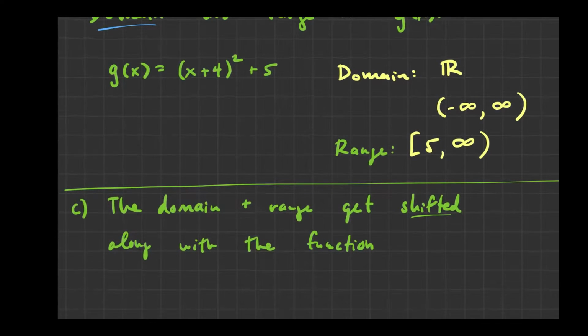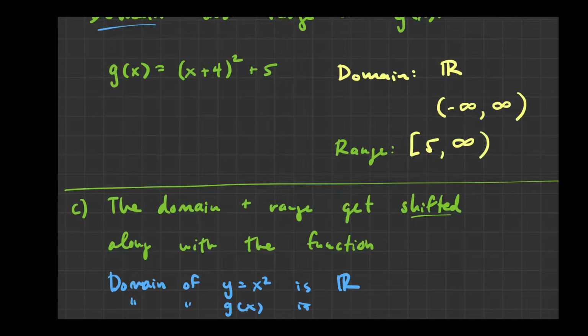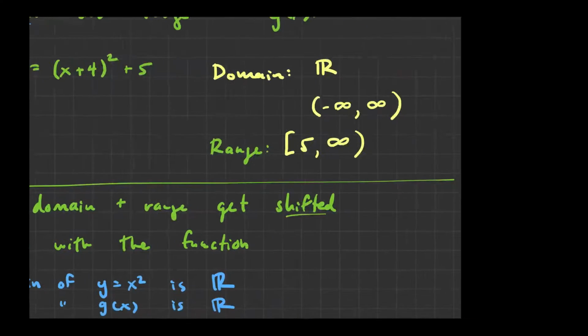The idea being that the domain of y equals x squared is the set of real numbers. And it doesn't matter if I shift the real numbers to the left or to the right, it's still just going to be all the set of real numbers. So the domain of g of x is also R.